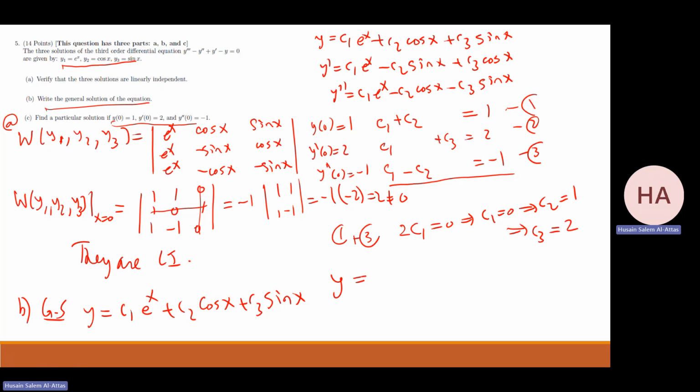So my solution will be: C1 is 0, C2 is 1, plus 2 sine x. By the way, you can check easily. Y at 0 will be 1. Find the derivative, you will get 0 plus 2 cosine x when you do it.